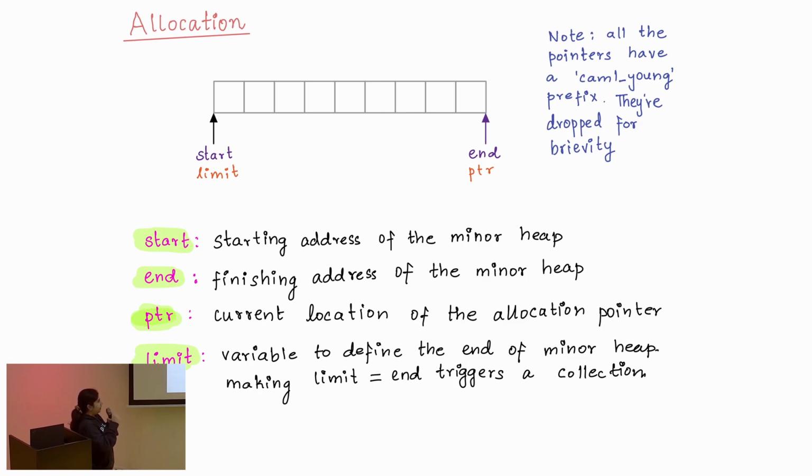And we also have something called limit, which is equal to start when we start. But we have a separate value for limit because we use this limit as a hook to trigger minor GC in the case of signal handling or other special circumstances. So which is why there are two different pointers for start and limit, but they are the same in most cases.